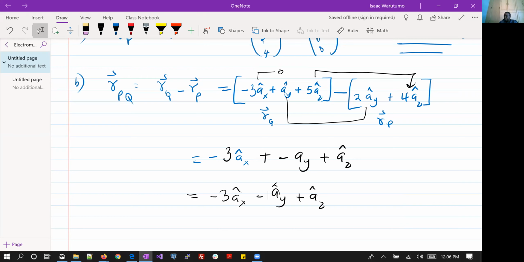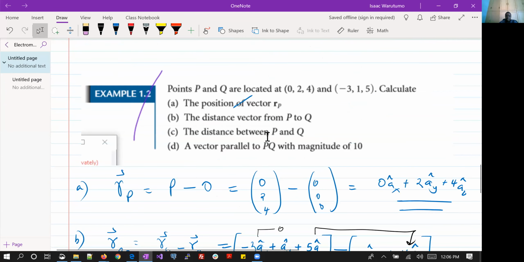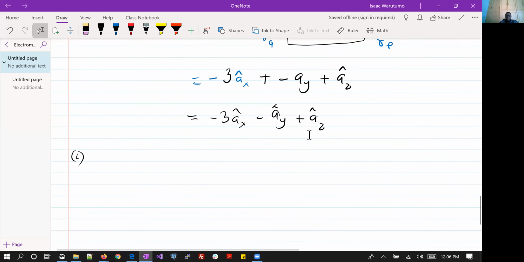Now the distance between P and Q. Remember that when you say the distance, we are only concerned with the magnitude. So the question is asking, find the distance between P and Q. So we are only concerned with the distance, and the distance is simply a scalar.